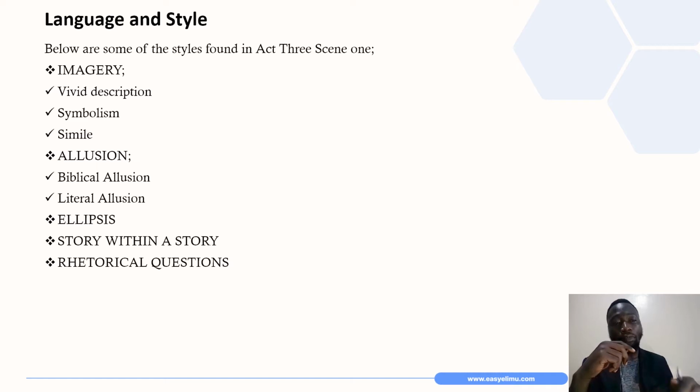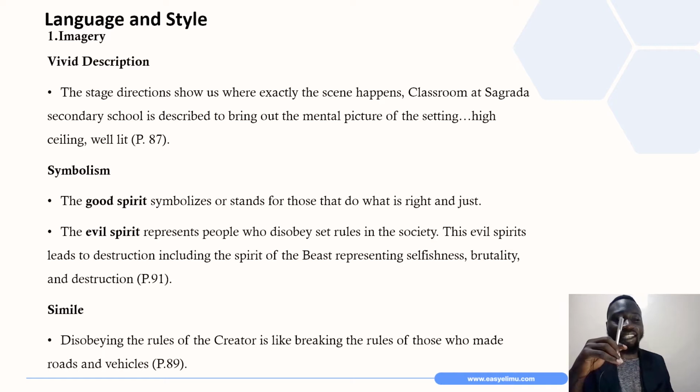Then the next style is ellipsis, followed by a story within a story. The last is rhetorical questions. So let us delve into the first style, imagery.